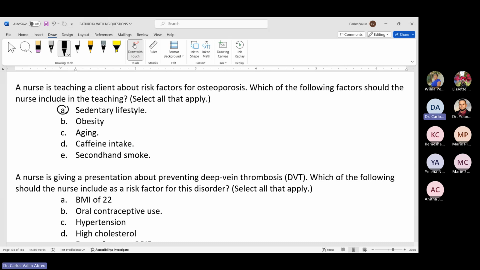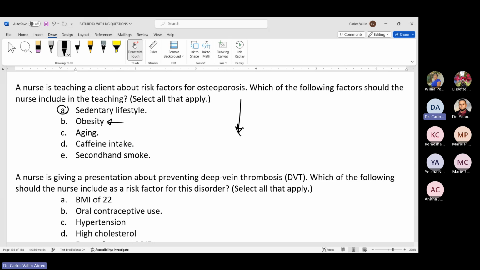By the contrary, sedentarism promotes osteoporosis. Obesity. Obesity is a protective factor for osteoporosis. There are several reasons for that, but obese people have more weight bearing, and as I said, weight bearing is a protective factor of osteoporosis.